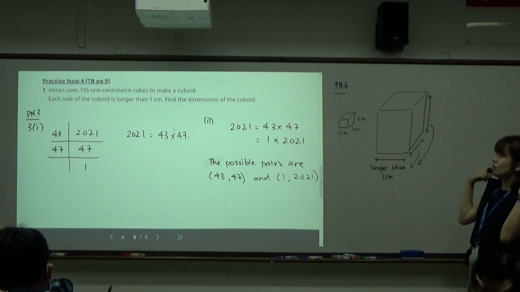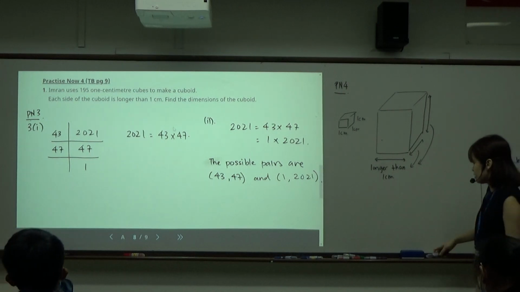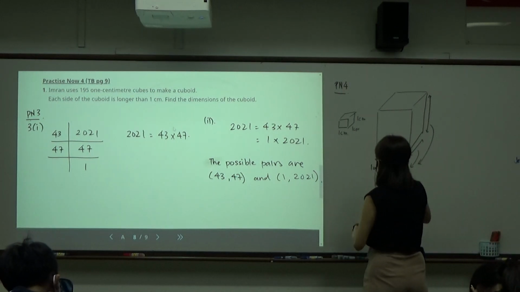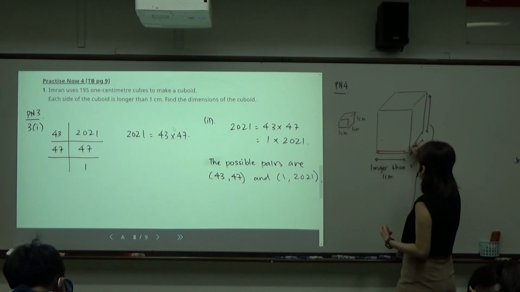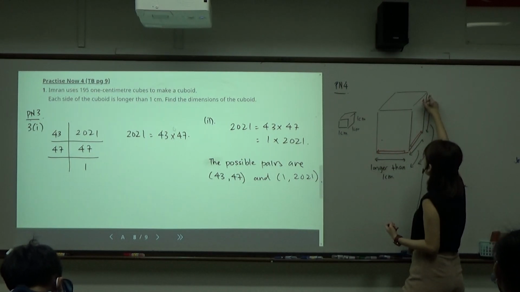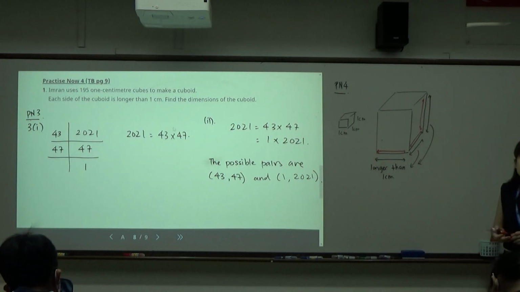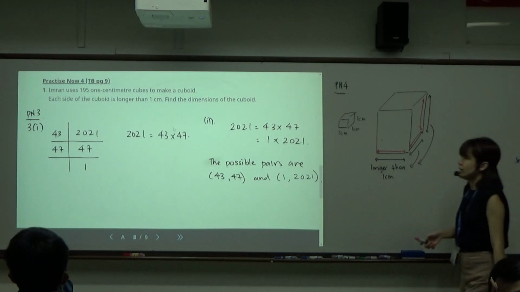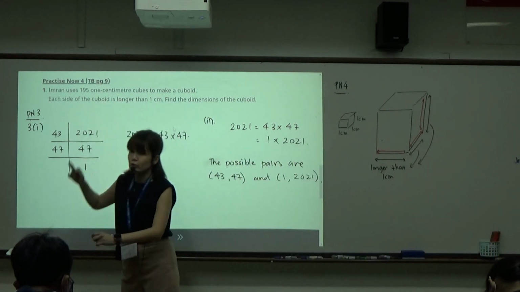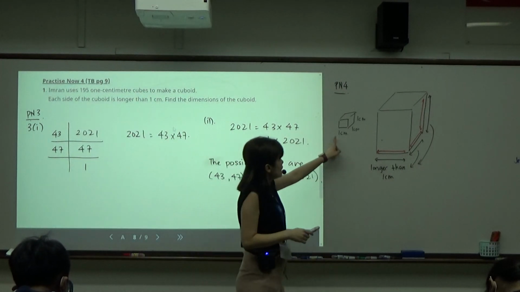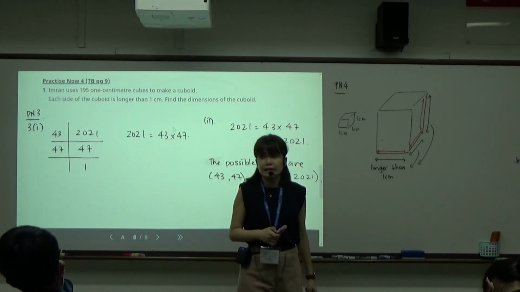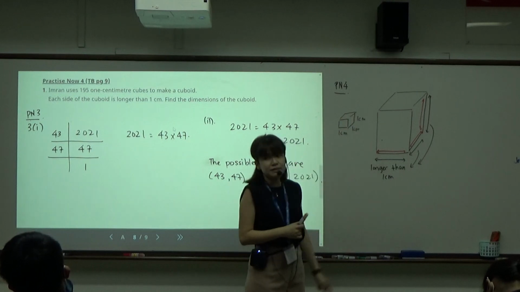The question wants us to find the dimensions of the cuboid. Dimensions will mean that we want to know what the length, the breadth, and the height are. Now, because there are 195 1-centimeter cubes, each cube is 1 cm in dimension on each of the sides.